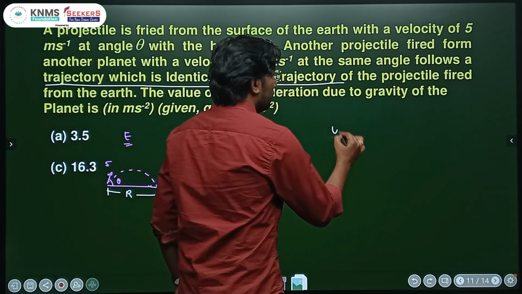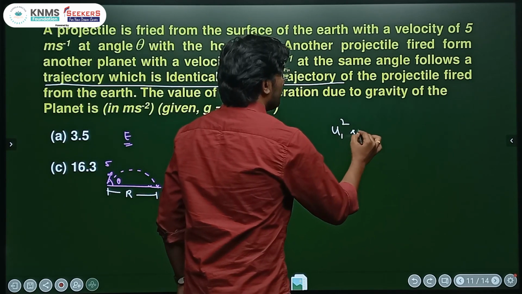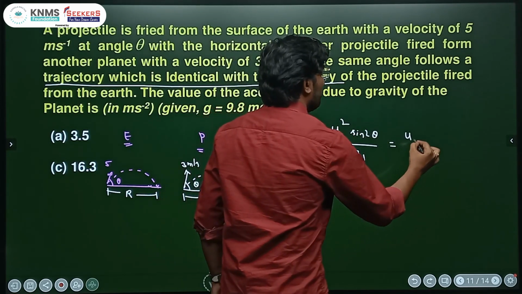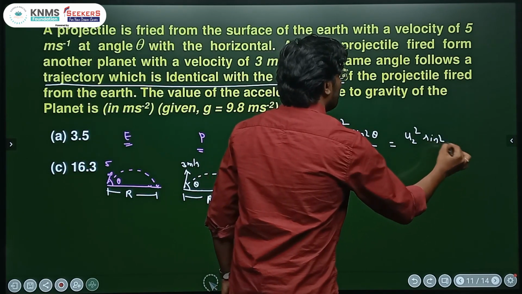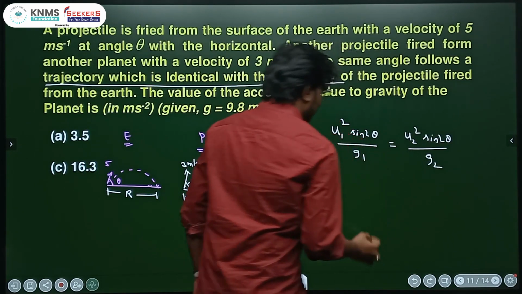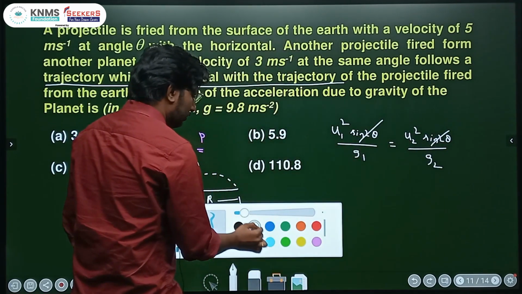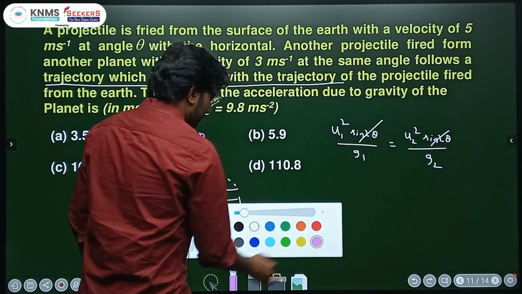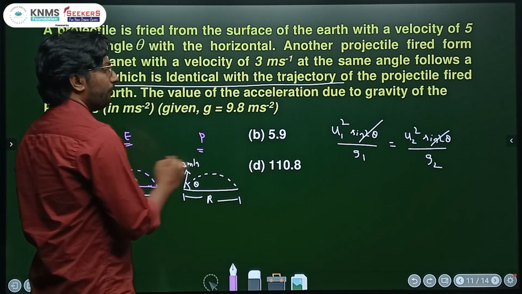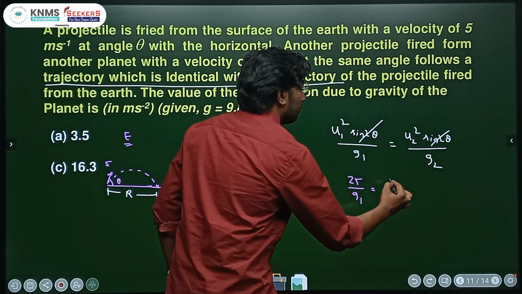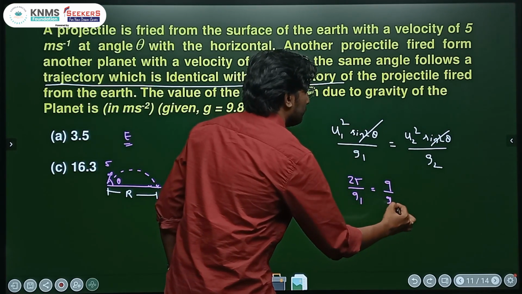So you can just write u1 square sine 2 theta by g1 is equal to u2 square sine 2 theta by g2. This is for the earth, this is for the planet. Same angles, so sine 2 theta you can cancel. The u square values: one is 5, that is 25 by g1, and that should be 9 by g2.